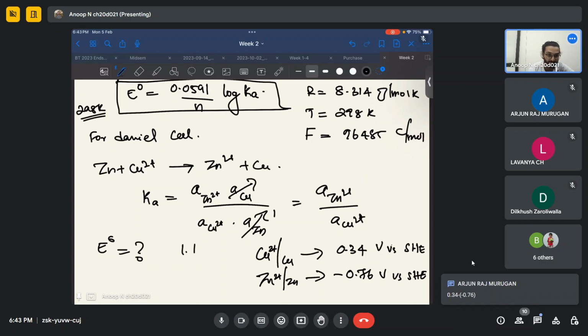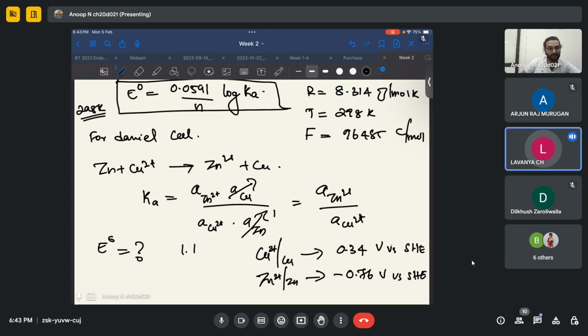So how can you write which is anode and which is cathode? That's the last portion sir was discussing in the class, so that portion is not fully covered. When we have an electrochemical series, the one which is more negative we will consider as anode, and the less negative we will consider as cathode.